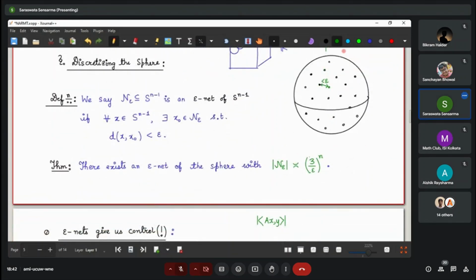I think N_epsilon is equal to (1 plus 2 over epsilon) to the n, and I think this is 2 over epsilon. I might be wrong, but this is basically what you get. You cannot get a much smaller epsilon net. And this is actually another way of defining dimension, combinatorial dimension. I think VC dimension is defined in similar ways.